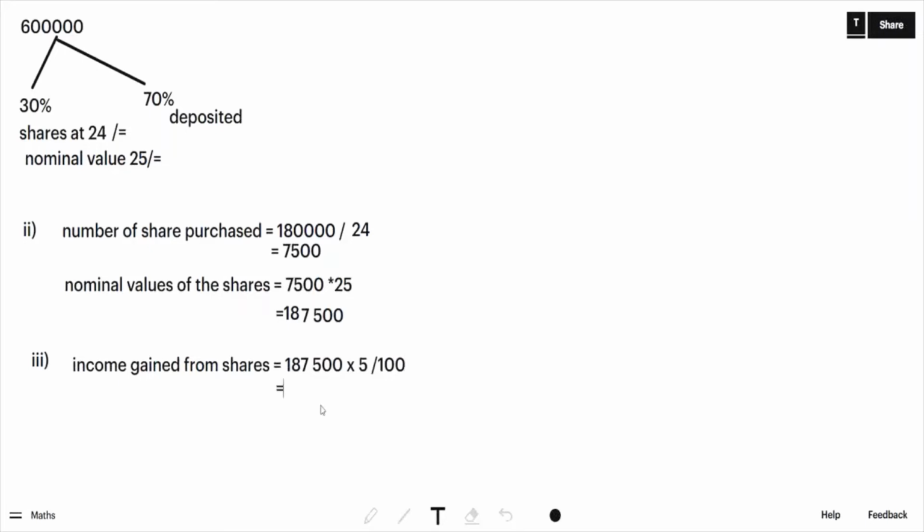This will give us 9,375. This is how you find the income gained from the shares. First we should find the nominal value and then multiply it by the dividend the company is paying.